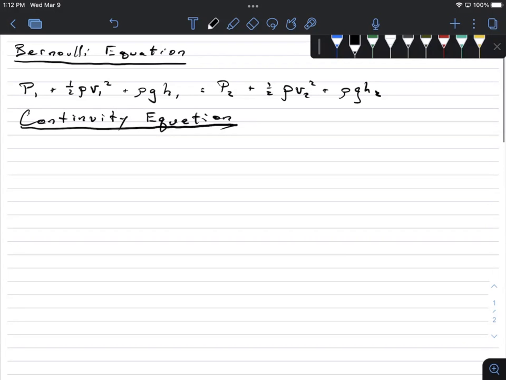And so it says A1, which is a measure of the size of the pipe, the area of the opening, times the velocity of the fluid at that location. So A1 times V1, that's the volume flow rate, 1 gallon per second, let's say, must be equal to A2 times V2.